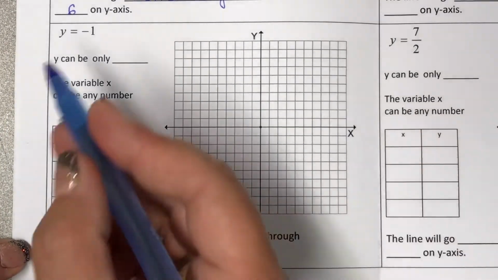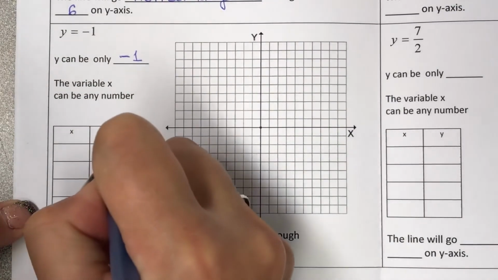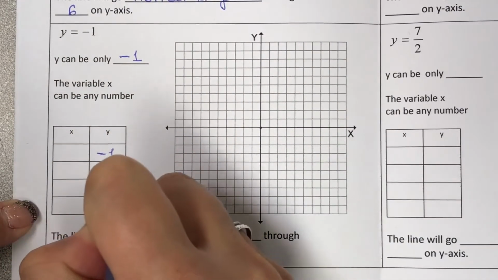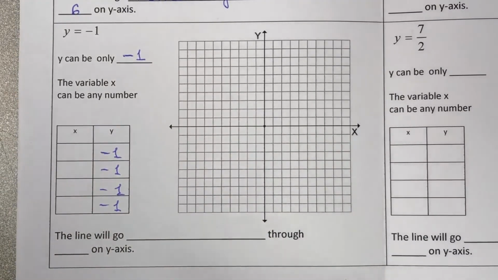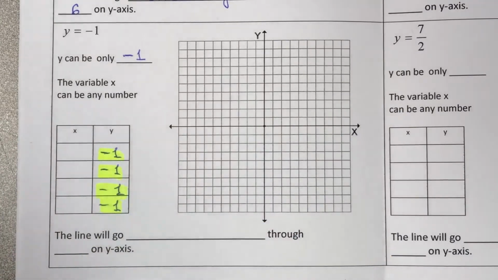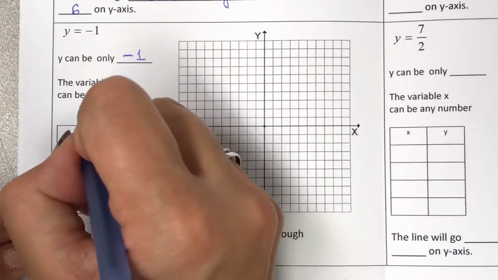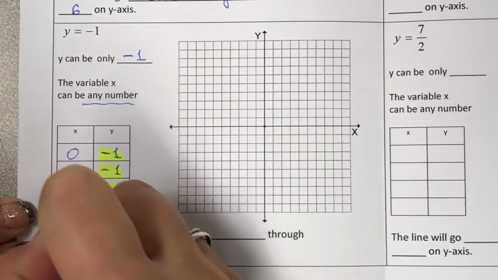Y equals -1. So I can only have y equal -1. And I'm going to come up with a few ordered pairs where y can be only -1 and see how that looks. If y can be only -1 and x can be any number, come up with a few numbers, 0, 4, 5, 8.